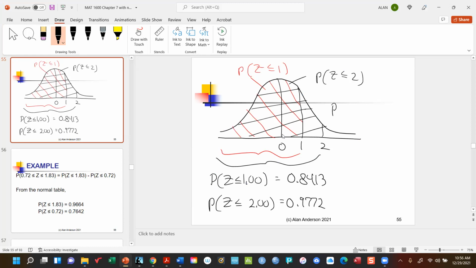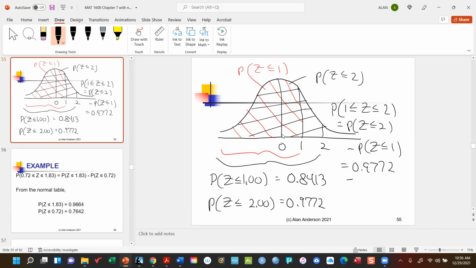So the probability that z is between these 2 points is 0.9772 minus 0.8413, which is 0.1359. This area in here, which you're actually interested in, is 0.1359.